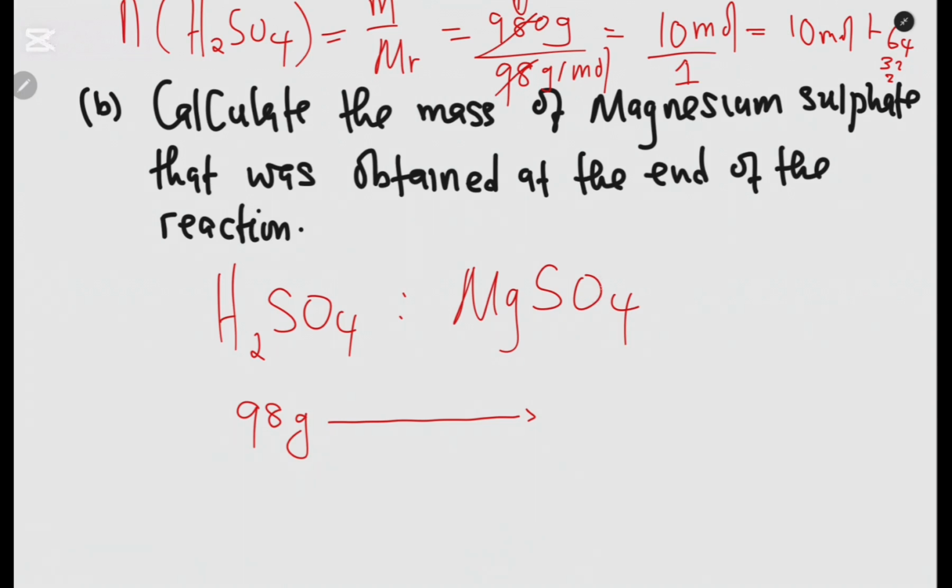So you also find the relative formula mass of magnesium sulfate. In this case, oxygen 16 multiplied by 4 gives us 64. Then sulfur, which is 32. Then of course magnesium, which is 24. So in this case, you are going to add 24 plus 32 plus 64.